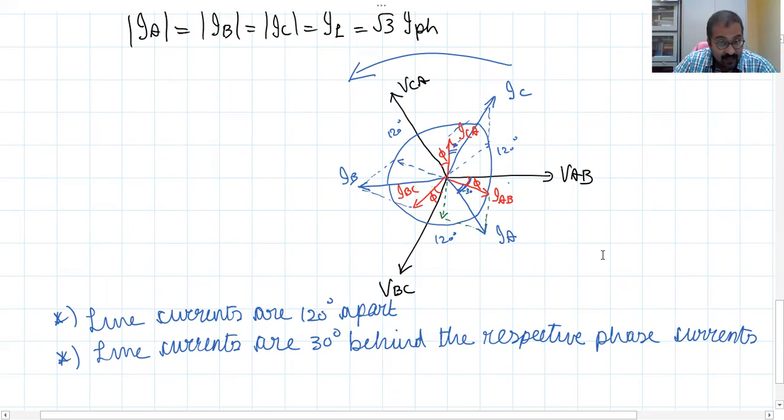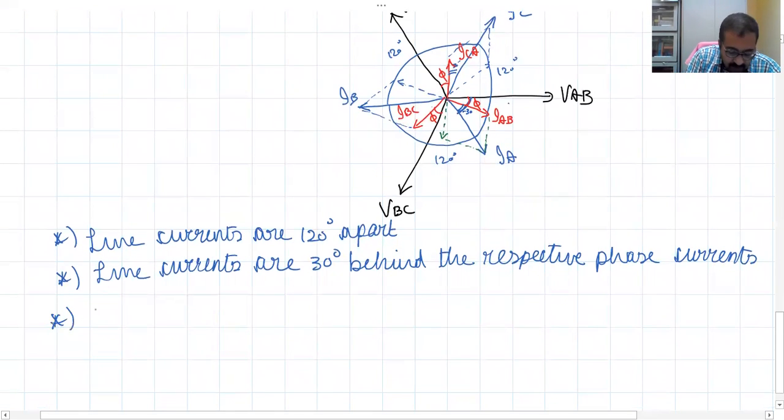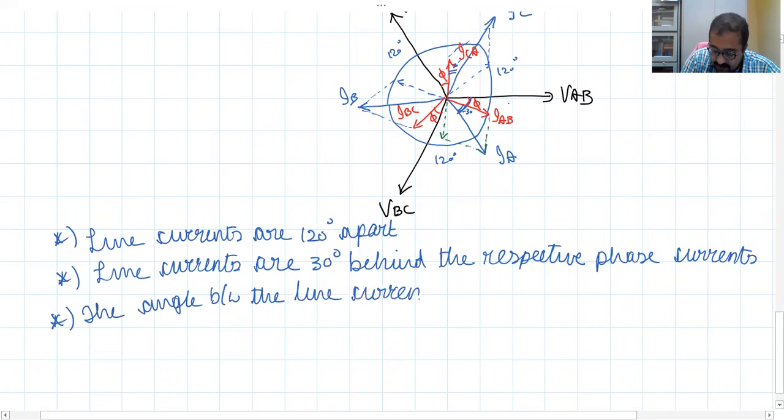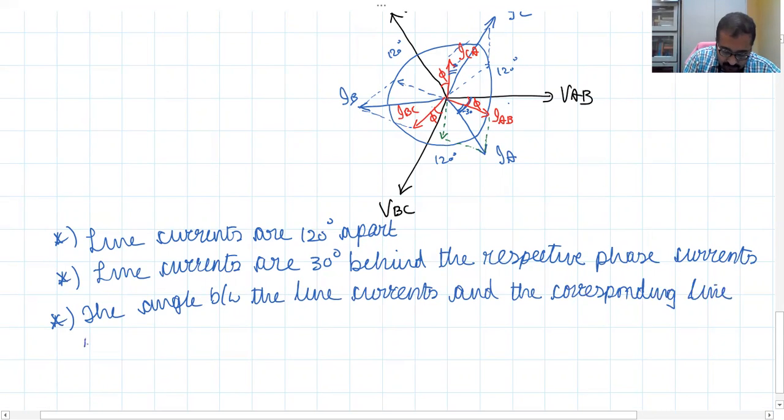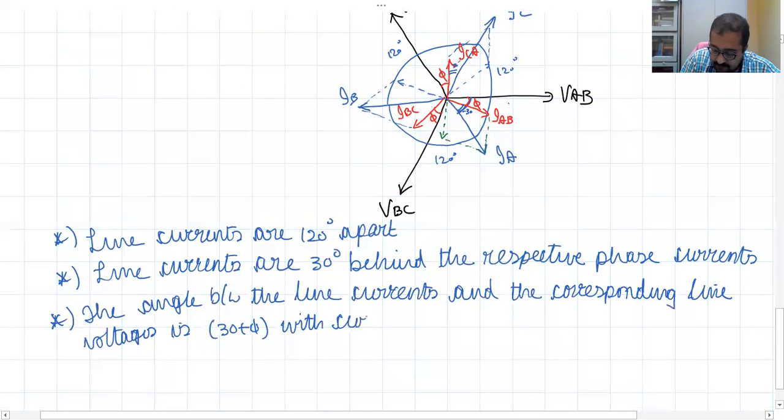Okay, so if it's a lagging power factor load, the angle between the line currents and the corresponding line voltages is 30 plus φ, with current lagging.